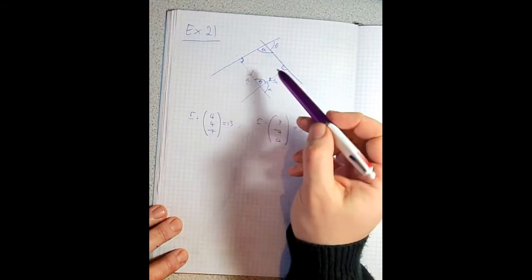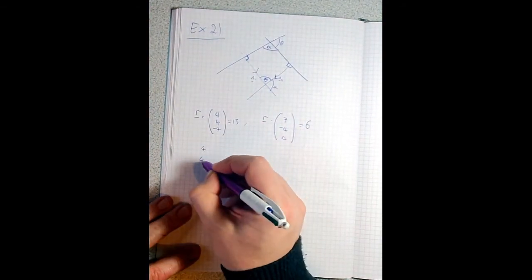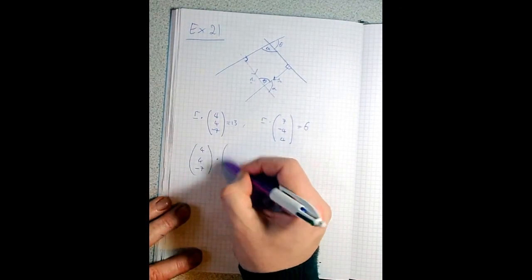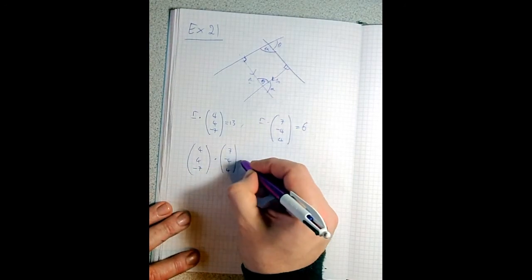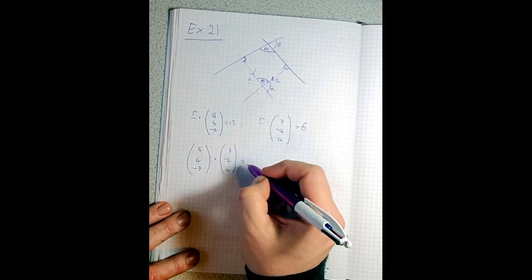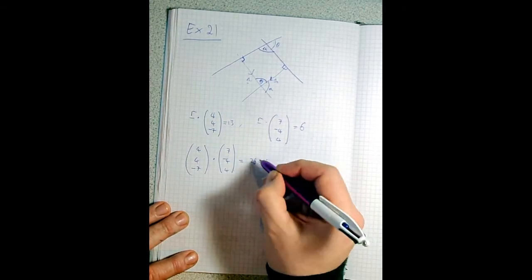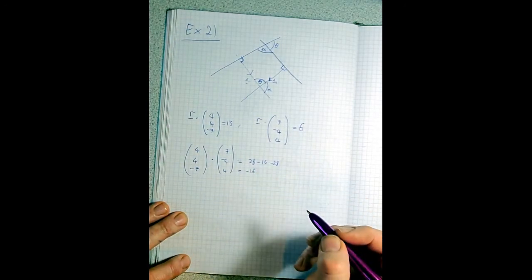So I'm just going to find the angle between the normal vectors, (4, -7) dot (7, -4): 28 minus 16 minus 28, so that's minus 16.